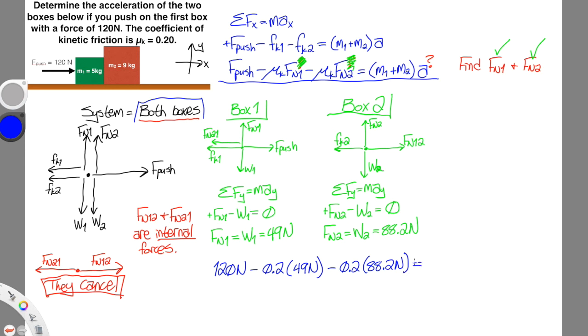And all of that equals the total mass, 14 kilograms, 5 kilograms plus 9 kilograms, times the acceleration. And if you grind through this equation again, on the left-hand side, you'll end up with that same 92.6 newtons equals 14 kilograms times A, and you will still end up with A equals 6.61 meters per second squared in the positive direction.